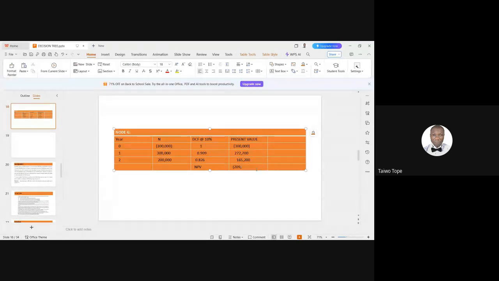When you do your plus and minus, 300, 272,700, 165,200, you should have 137,900. Positive. So still moving, almost getting to a point.